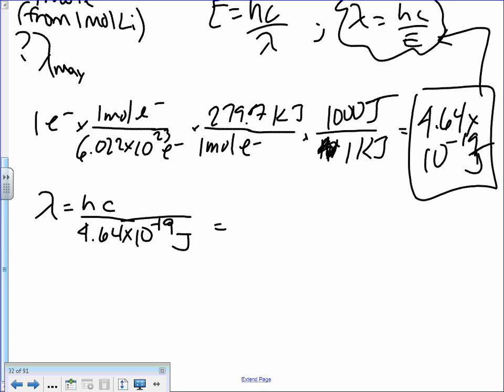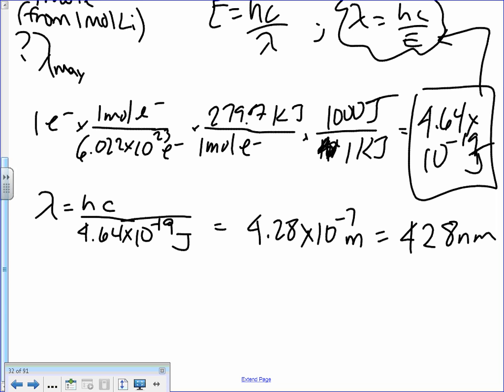Say it again. 4.28 times 10 to the negative 7 meters. How many nanometers is that? Do not calculate. I'm going to go 428 nanometers.